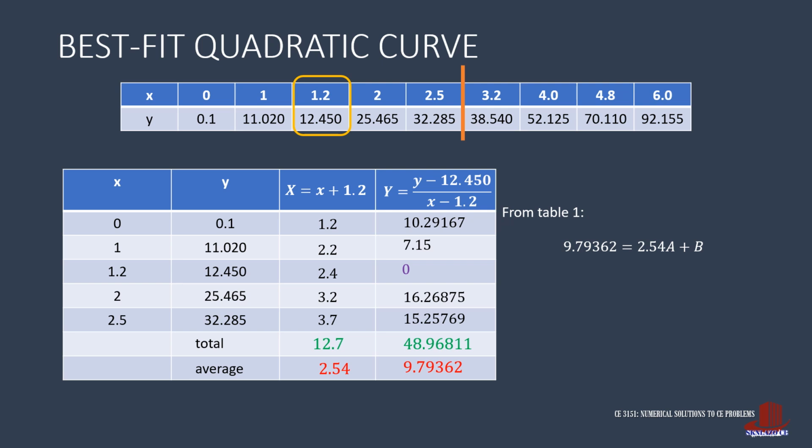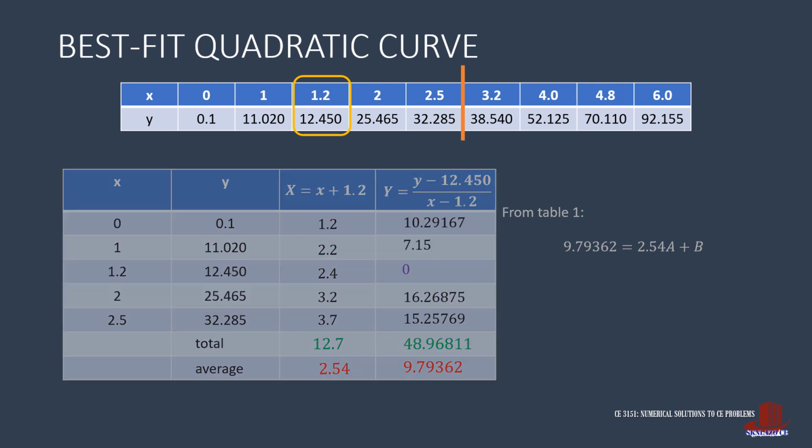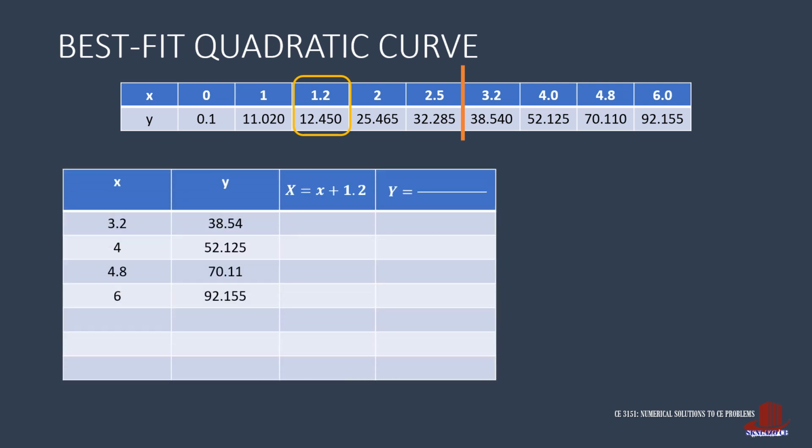The first equation is then generated as 9.79362 as equal to 2.54a plus b. Table 2 has x values from 3.2 until 6. Capital X is then x plus 1.2, giving the following values. Capital Y is also computed using the derived ratio.